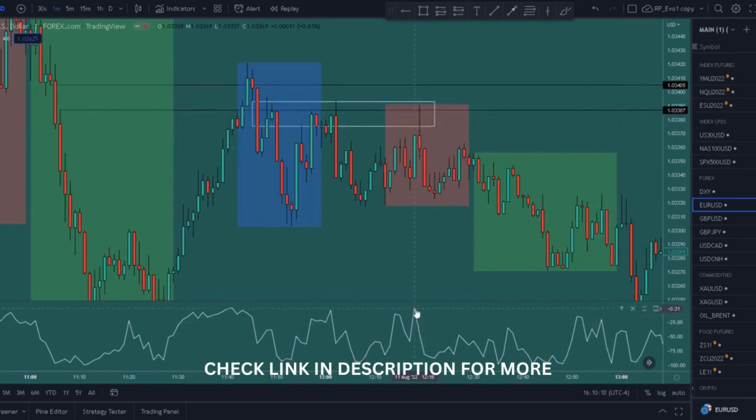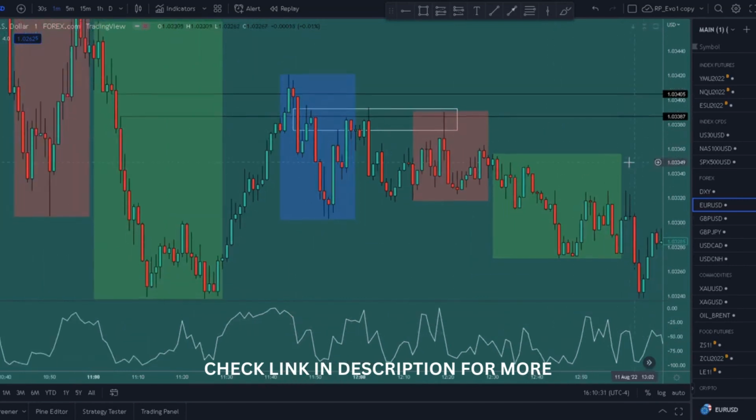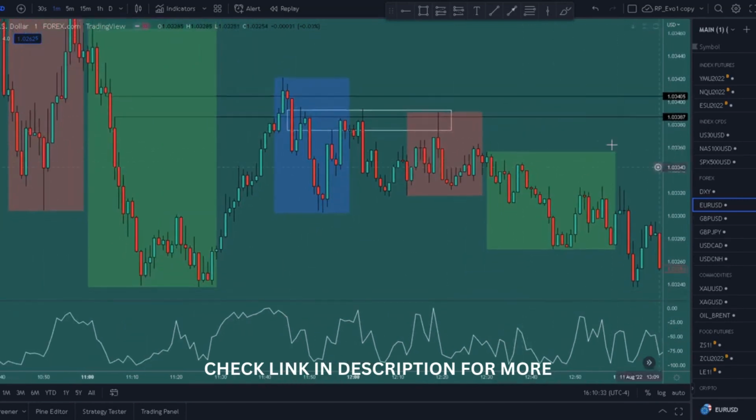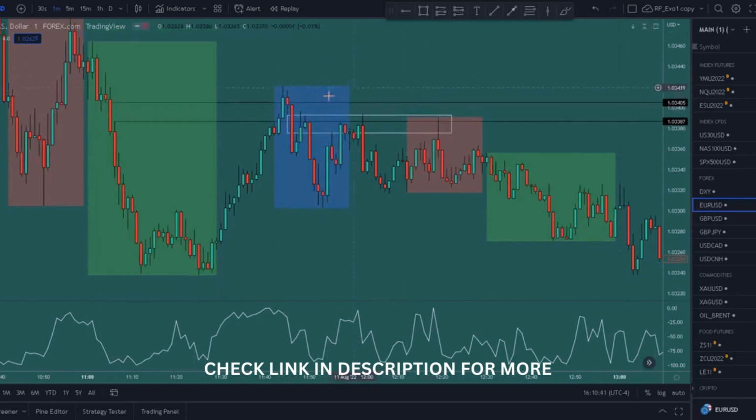Here, this spike happened above this level, not much higher, but still higher than when this imbalance was created, right? To me, this is a good filter if you apply Williams percent R together with the algorithmic PD arrays, together with the mini kill zones and with the Inception model. So many things blend in.